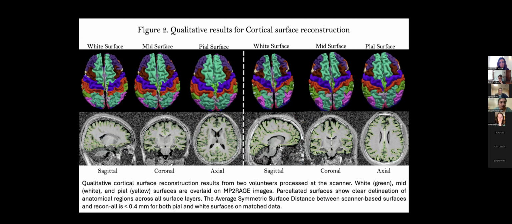In this image, we show the pial surface, the mid surface, as well as the white matter surface, so that you can see the profiles. We get the surface and the surface normals within a minute, and then it takes a little bit of time, like 6 or 7 minutes, to get the parcellations. So within about 10 minutes, you can also get the full range of surface parcellations, which is what you see in the first row.